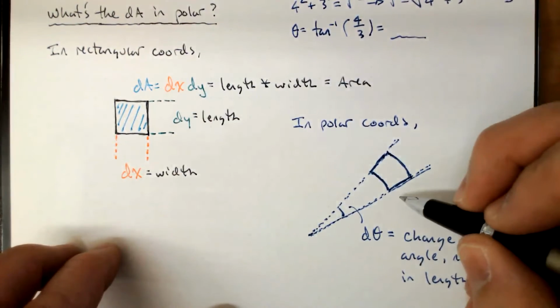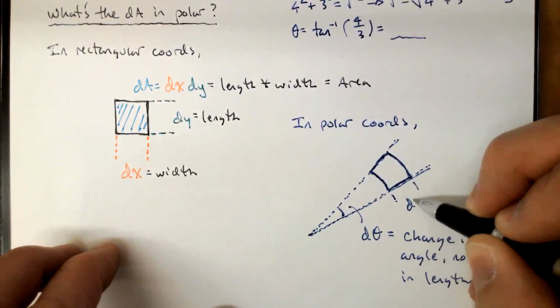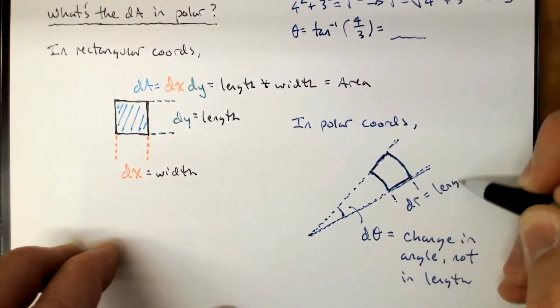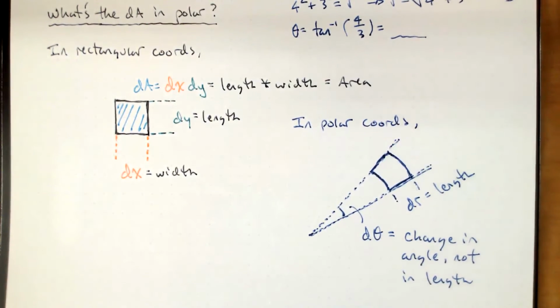dr is a length. But d theta on its own is not a length. It's a change in angle, not a change in length. So what we do is we look at these curved parts. First of all, we imagine that this little curved piece is a rectangle. If we keep dr small enough and d theta small enough, then it looks like a rectangle.